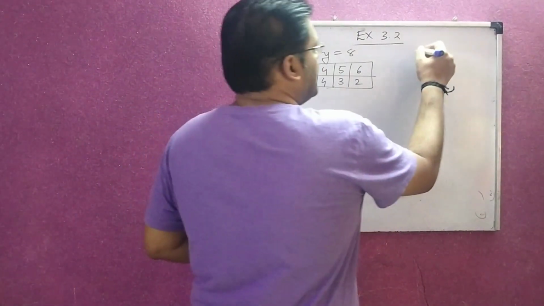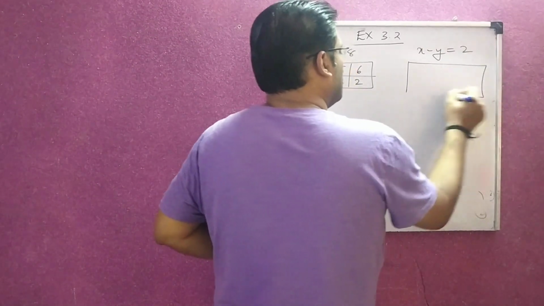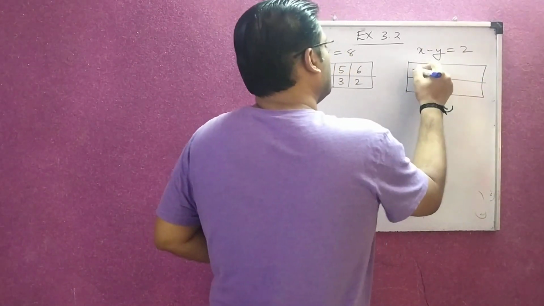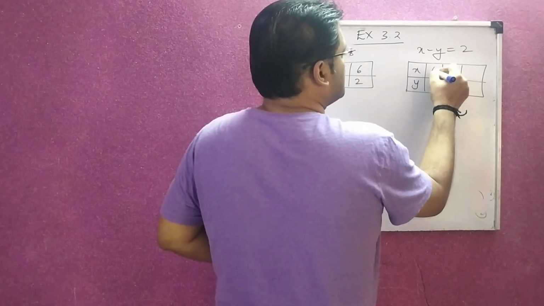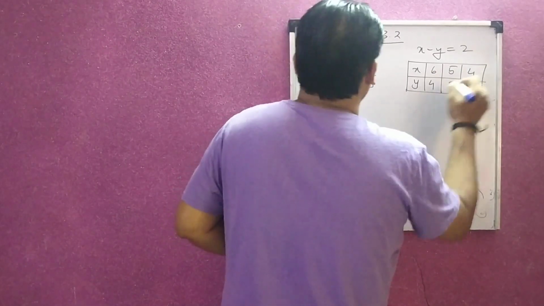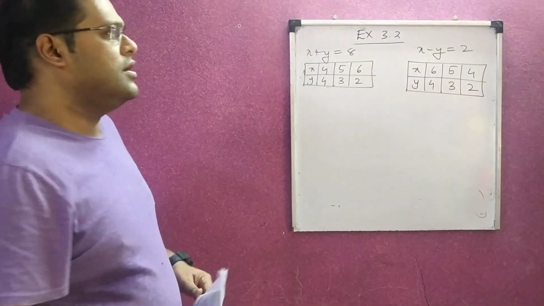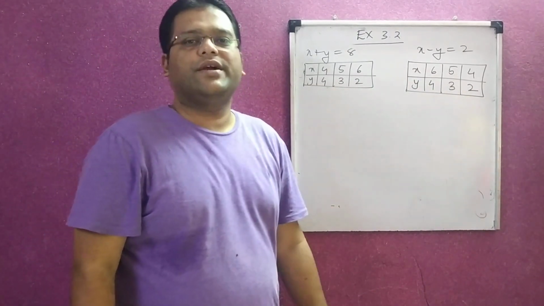The second equation we had was x minus y equal to 2. So here I am selecting, say, 6, 4, 5, 3, 4, 2. Wherever I subtract 6 and 4, 5 and 3, 4 and 2, I am going to get a 2.